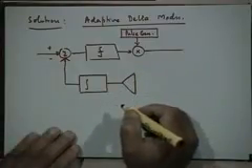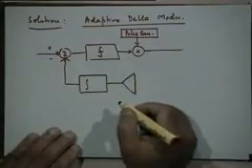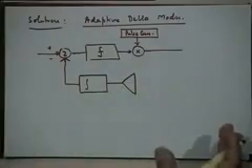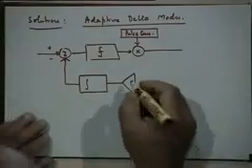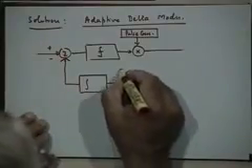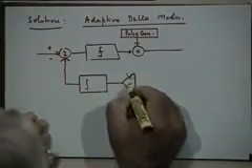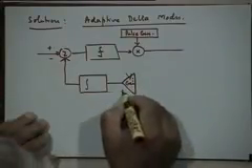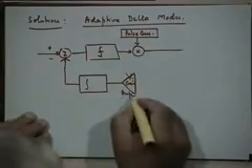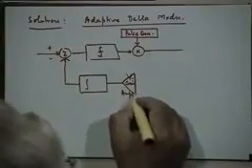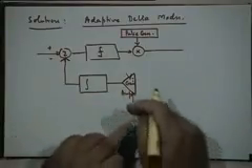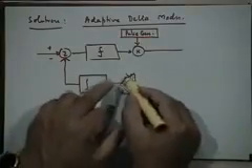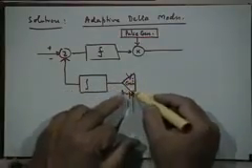Only thing is, this amplifier has to be a variable gain amplifier. It cannot be a fixed gain amplifier, right? It was a fixed gain amplifier for the normal delta modulator. So there is a variable gain amplifier here, and the gain of this variable gain amplifier is controlled by a control signal. So this is not the input which gets amplified.